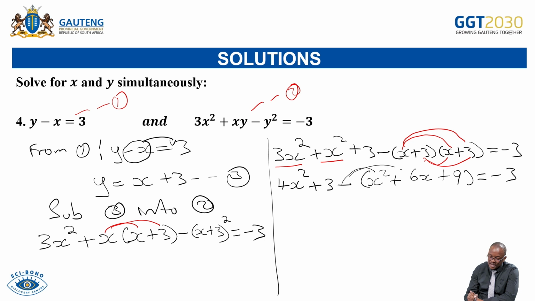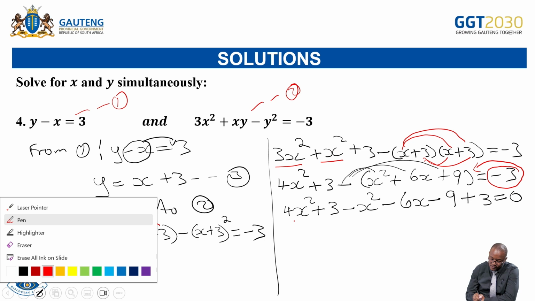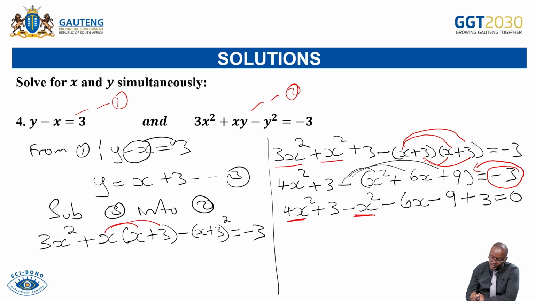Then we can multiply inside the bracket. Then we're going to have 4x squared plus 3x minus x squared minus 6x minus 9 plus 3 is equal to 0. What I did there is to transpose now negative 3 to the left hand side. Then now if we were to put everything in standard form, we can see that these ones are the like terms.